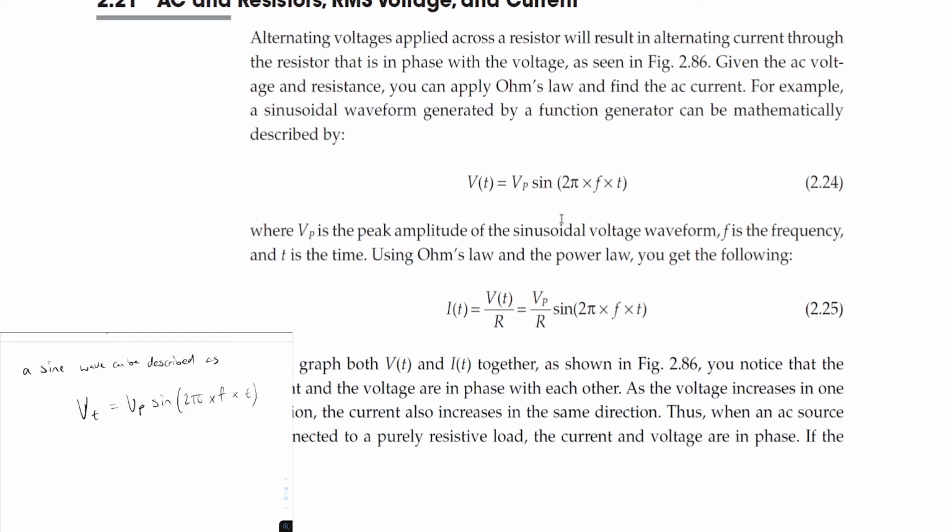But then shouldn't it all be divided by R? I'm not sure I understand why it's just the voltage peak divided by R. I don't get that, but that's fine. At a certain point I need to learn a bit more to be more accepting of what the book's telling me.